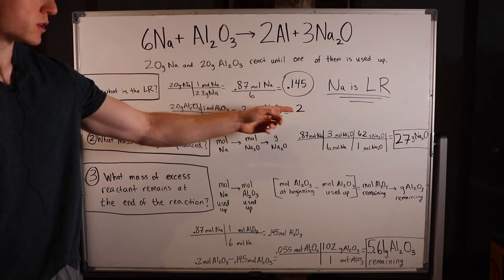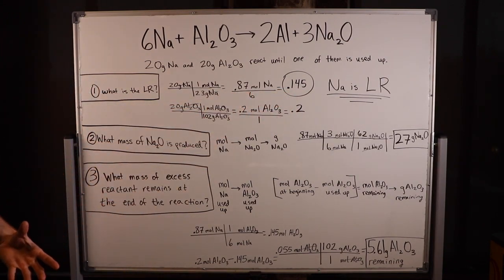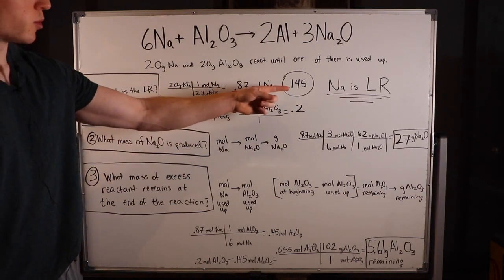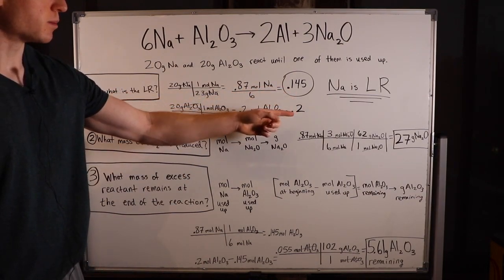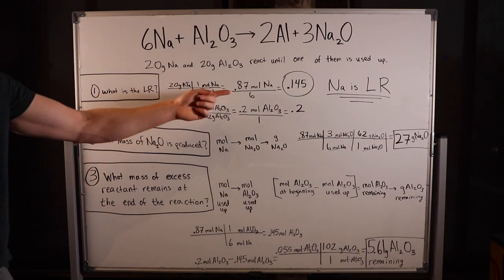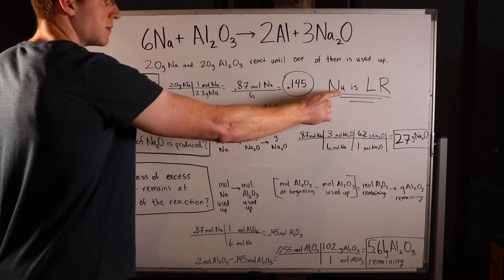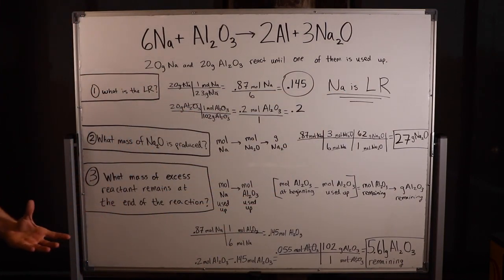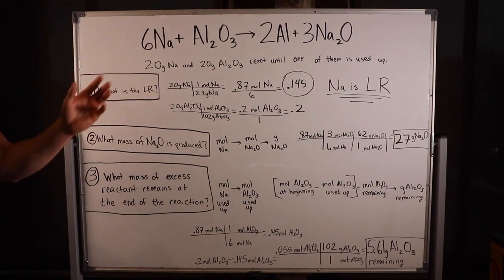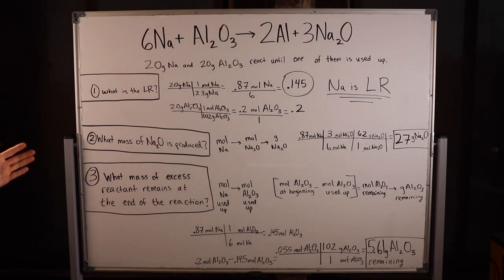Once we divide by their stoichiometric coefficients, we can compare them and see that 0.145 is less than 0.2, which means we must have run out of the sodium first. So that means sodium is the limiting reactant or the limiting reagent. That's how you do any limiting reagent problem. That's how you can figure out which one runs out first and stops the reaction.